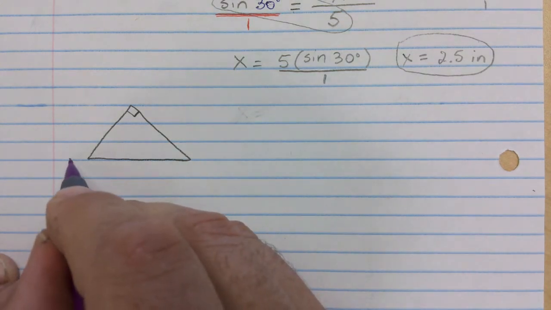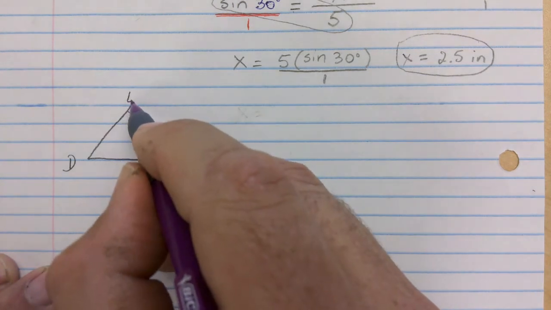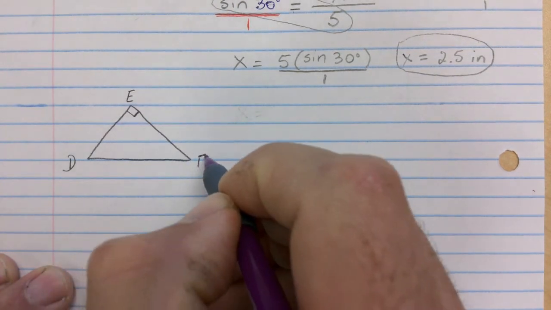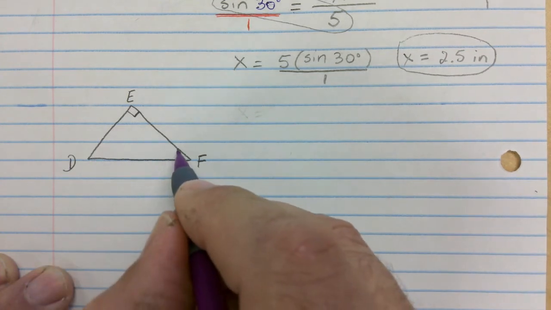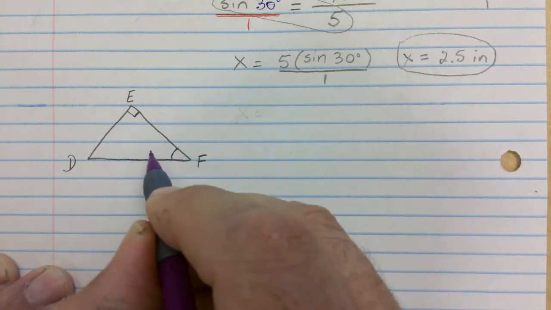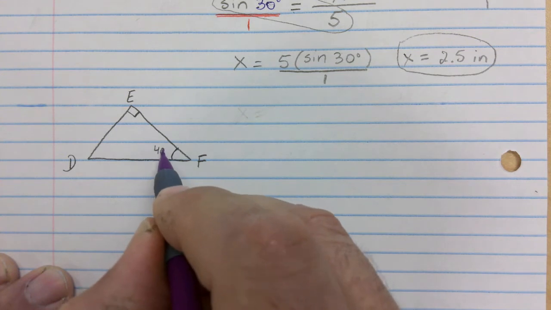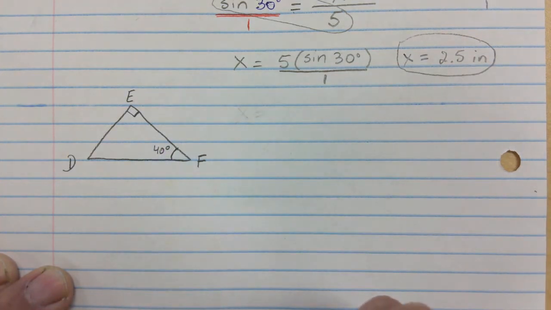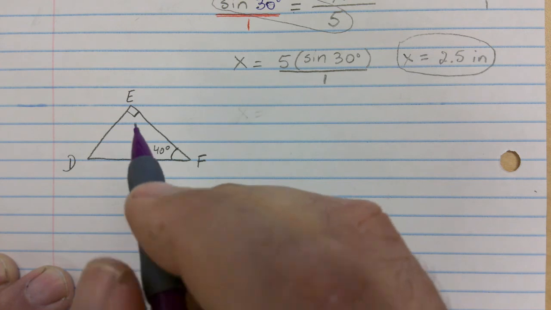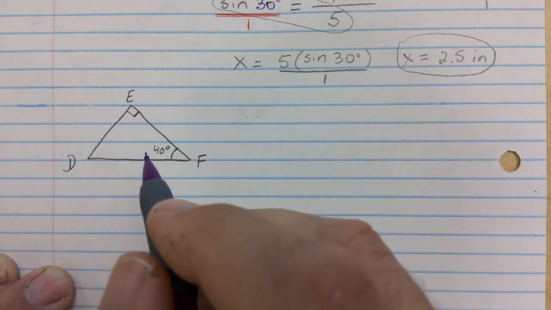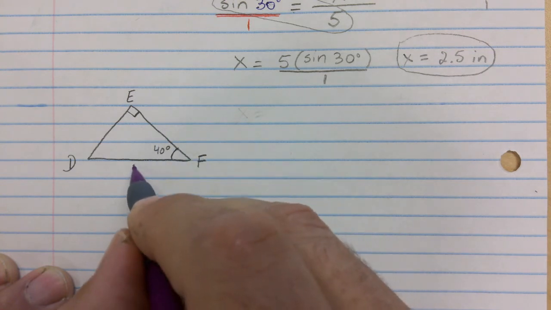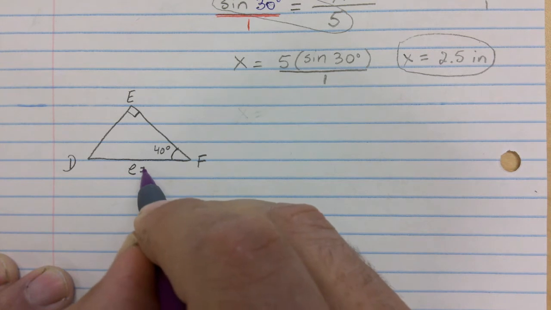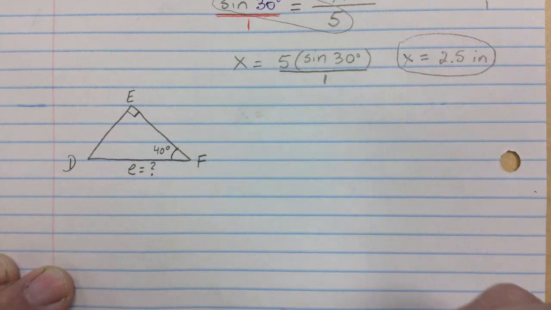Let's go, this is D, E, F. And we're gonna make this be 40 degrees. And make this be the unknown here. So we're gonna call this side E. We don't know what it is.